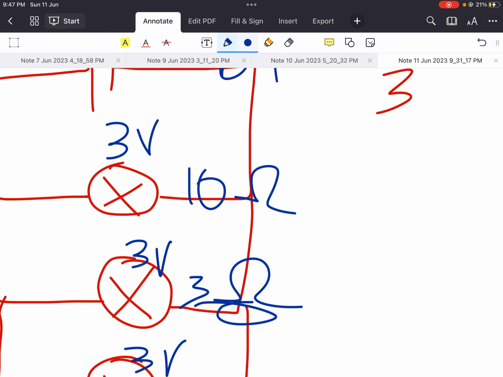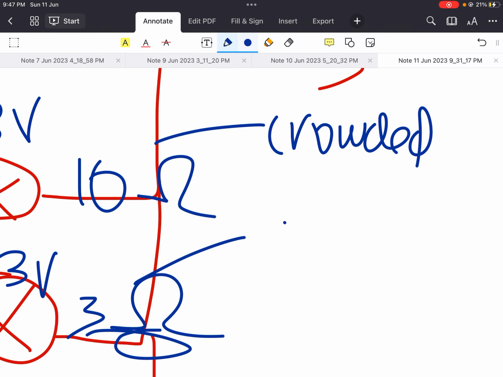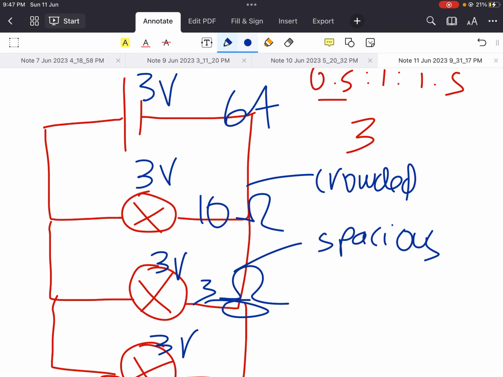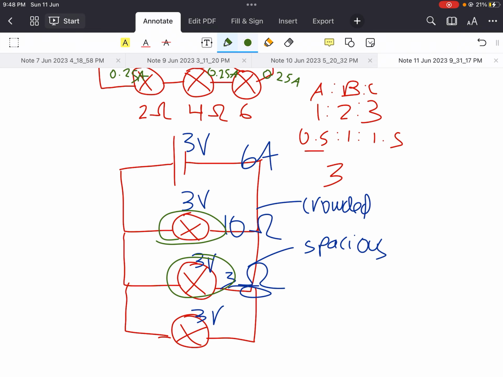Imagine you're in a corridor and it's very crowded, and another one is not very crowded, it's spacious. Which one will you choose? You're obviously going to choose the spacious corridor. The same way, current is going to choose the branch with lower resistance. That is why the current over here will be greater than the current over here.